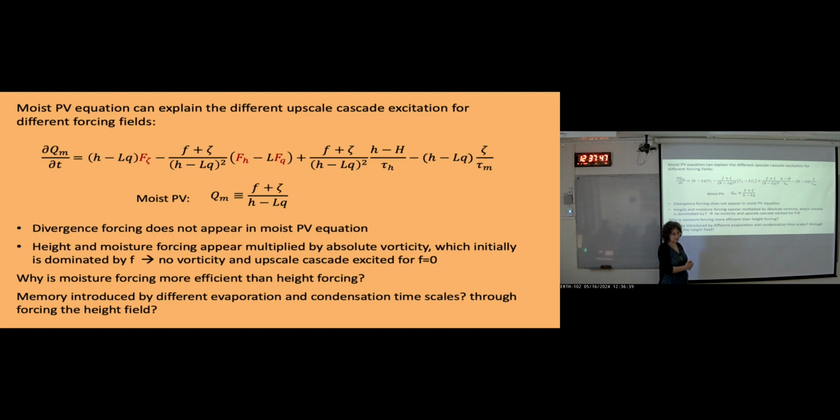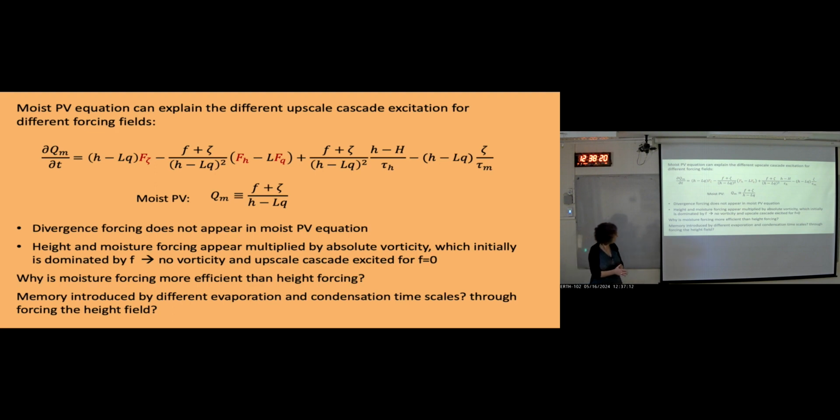I might be wrong, but this is what the equation says, and we have the numerical results, so I think this is the explanation. It's a good point. All the zonal mean flow is relatively weak in our model. And also the divergent forcing doesn't appear in this equation, so it's just not forcing potential vorticity.